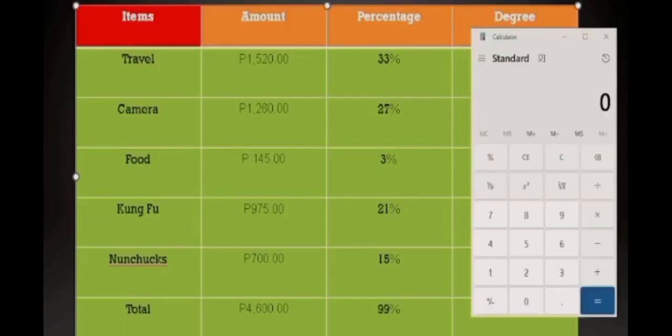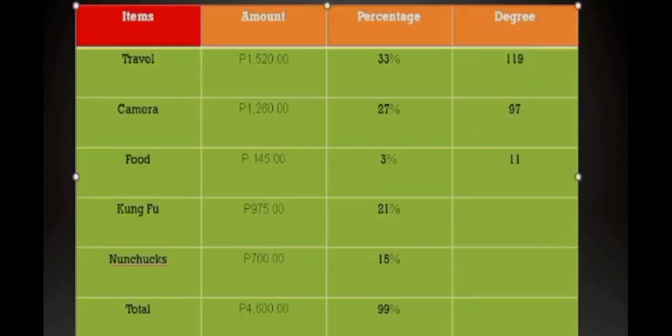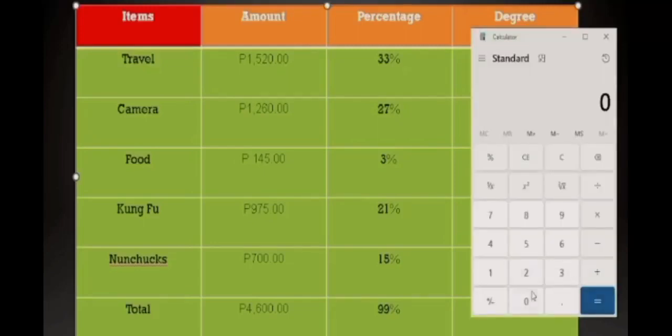So 0.21 times 360 is 75.6 or 76. We will put 76. Next is nunchucks. The percentage of nunchucks is 15%. So 0.15 times 360 equals 54.